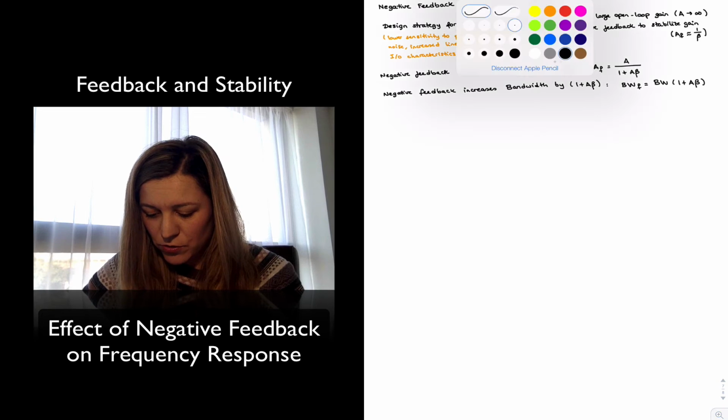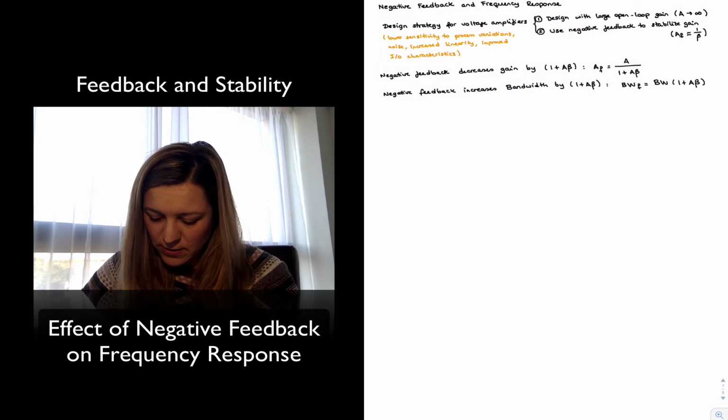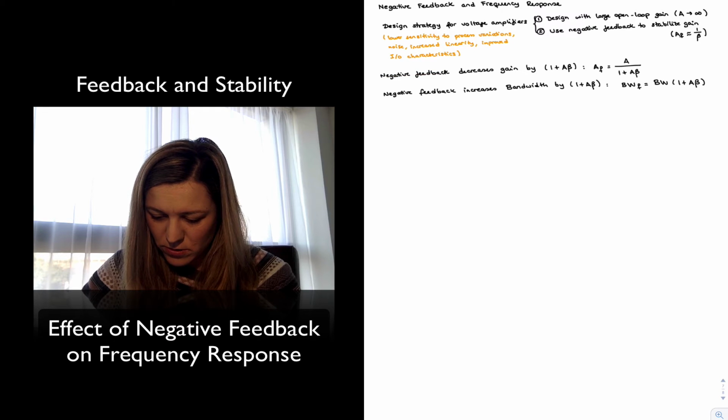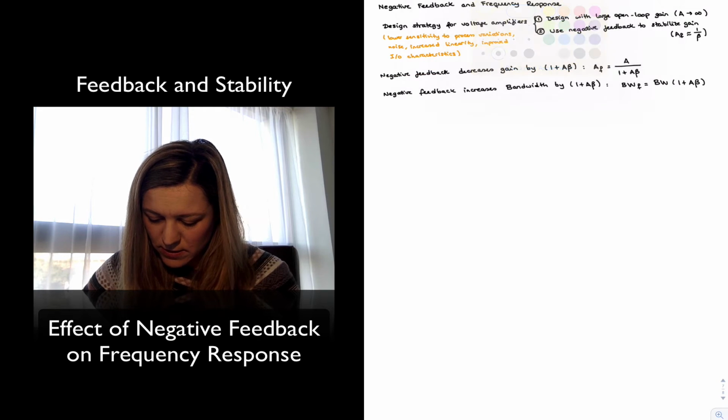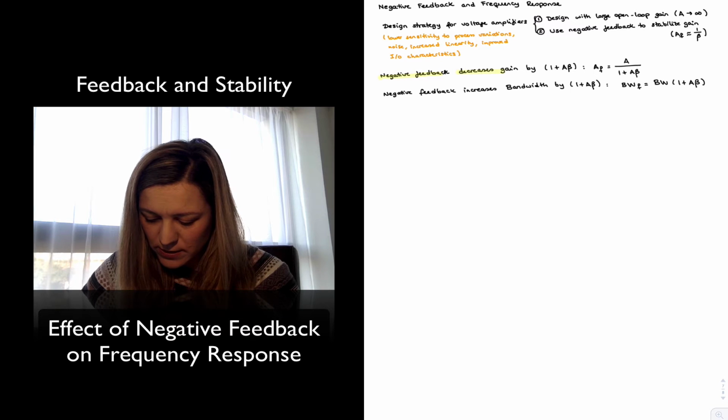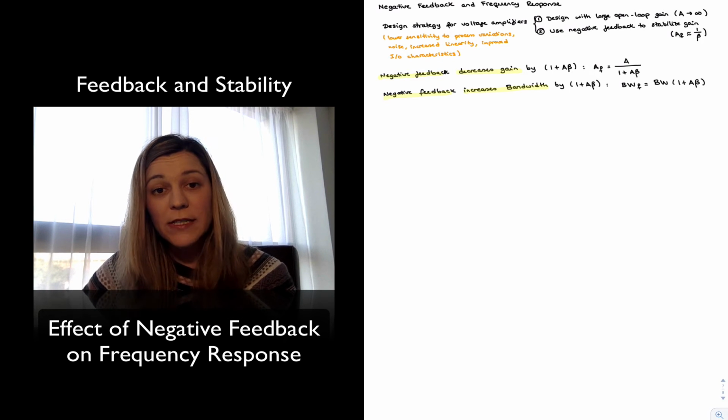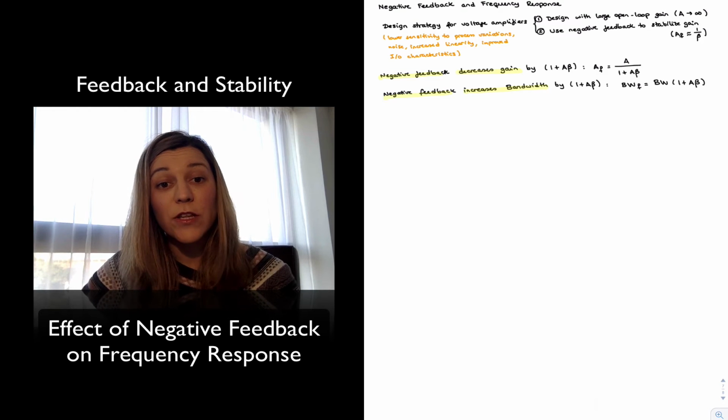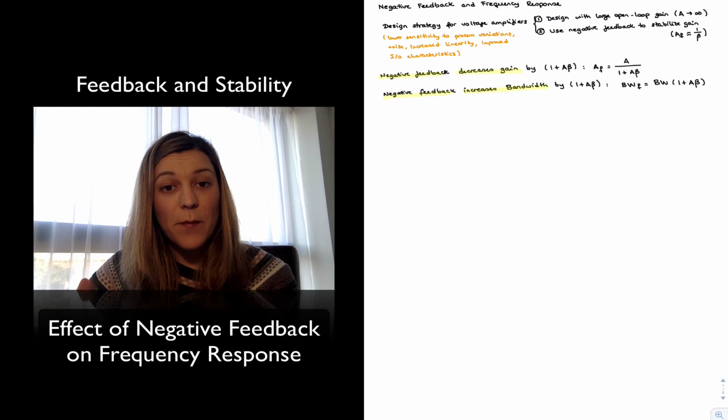Therefore, because we can see that negative feedback decreases the gain but increases the bandwidth by the same amount, we say there is a trade-off between gain and bandwidth in a negative feedback system.